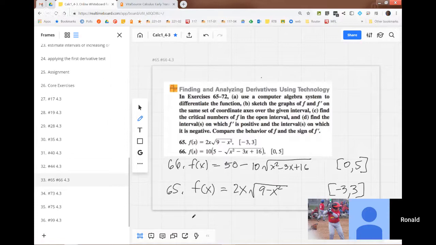I gotta write this down because I gotta change my screen. So 10 times 5 minus square root x squared minus 3x plus 16. Okay, close parentheses, and we want to do that on the interval from 0 through 5.